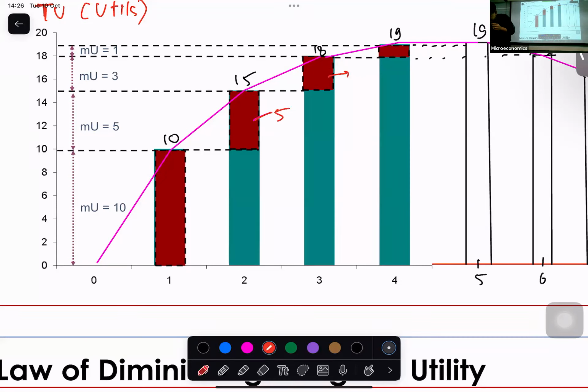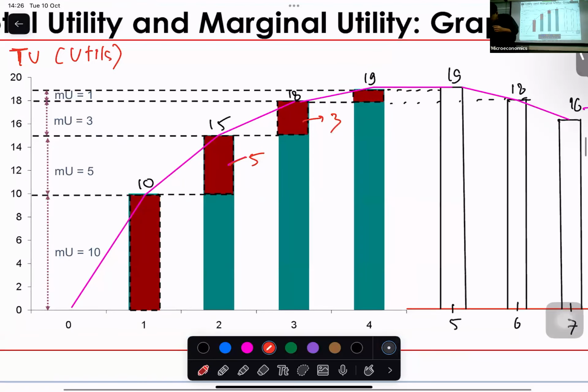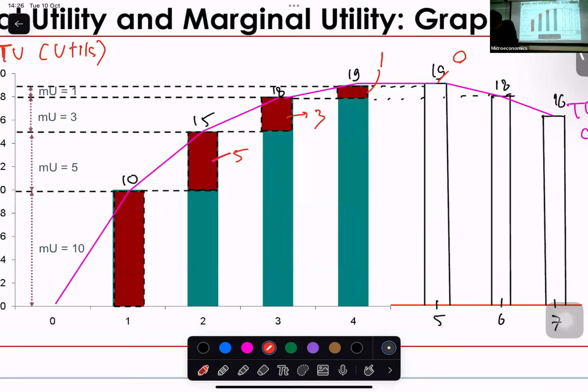Here, marginal utility from the third bottle is 3. Marginal utility from the fourth unit is 1. Marginal utility from bottle number 5 is 0. And now it's worse, the tower becomes shorter. TU becomes shorter.